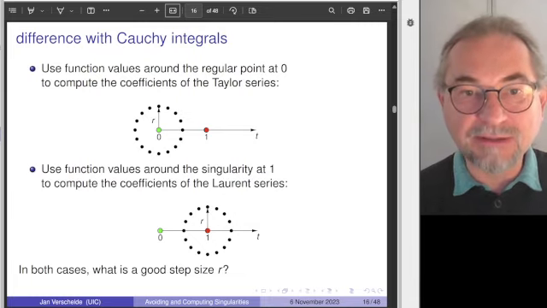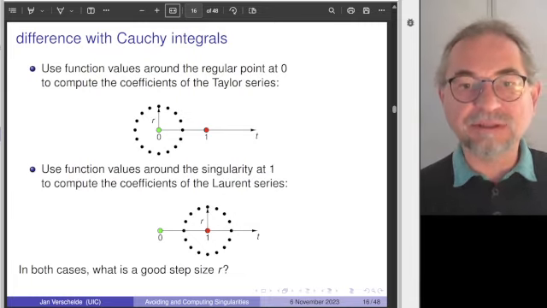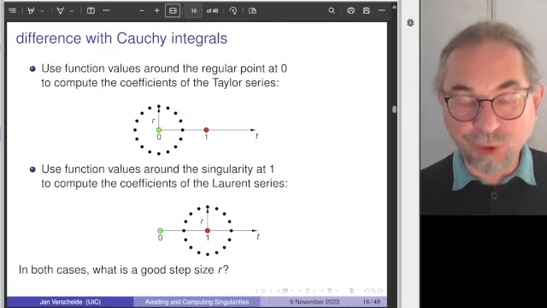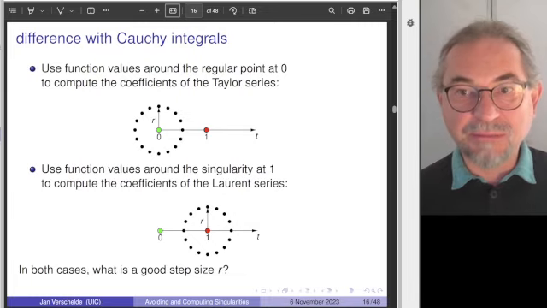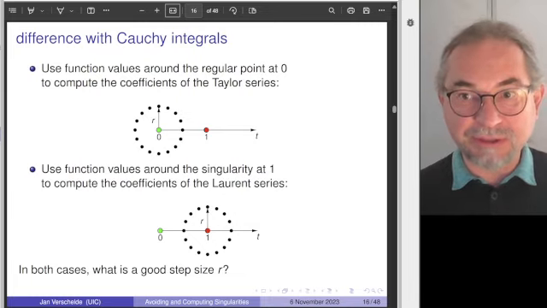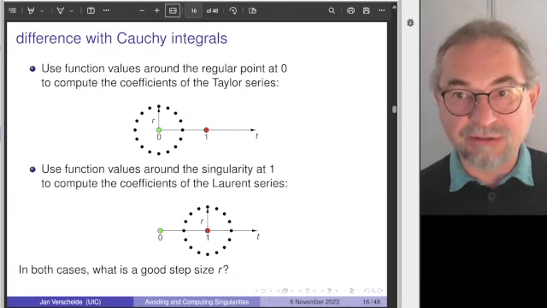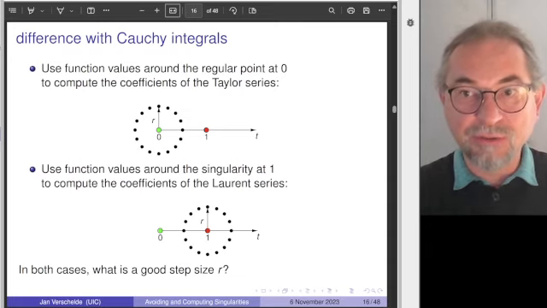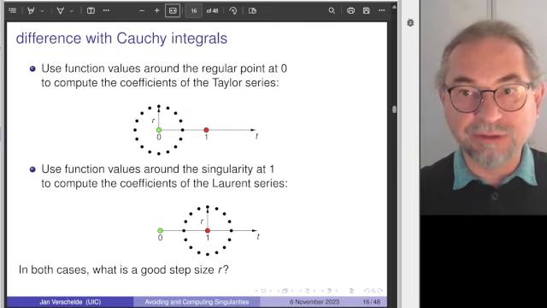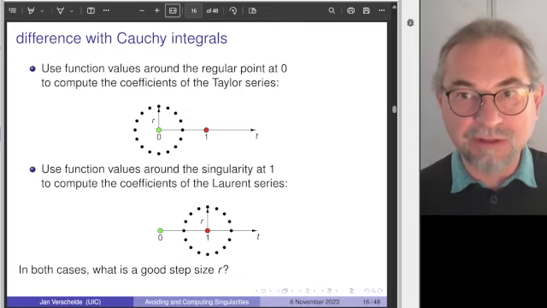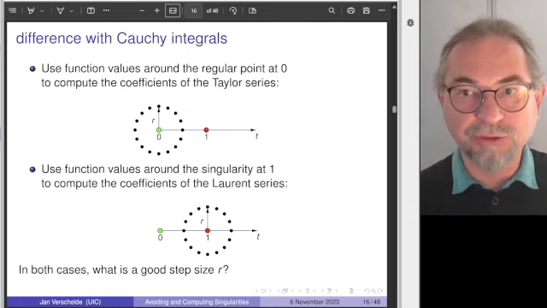Again, sampling points around it, you can compute all the coefficients of the Taylor series, but the question of the step size is important there. It turns out that you need a small step size for the leading coefficients, but for the coefficients that are further out, you need larger step sizes. So I will not deal with these alternatives to compute Taylor series coefficients.